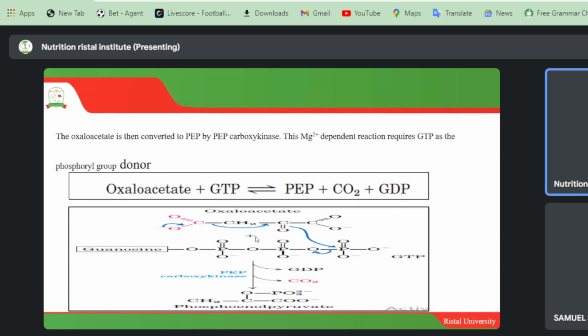And this uses GTP. GTP is one of those molecules that provides energy, just like ATP. They have literally the same function.